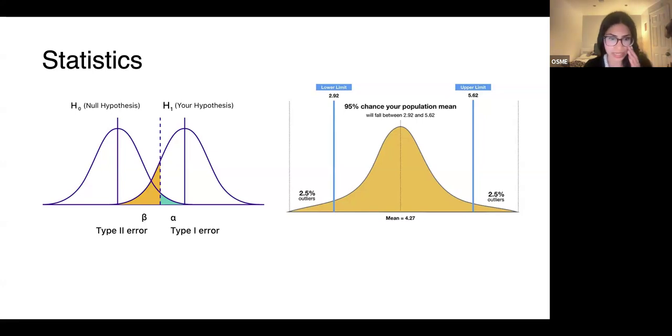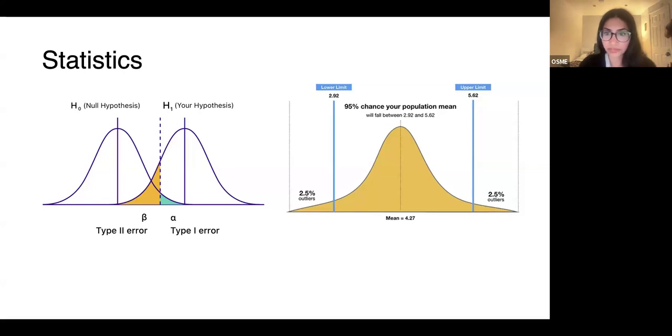Type 2 error is a beta error, and it's related to the statistical power of your test, which means that to reduce the chance of a type 2 error, so false negative, we can do things like increasing the sample size or increasing the expected effect size. So if you expect an intervention to cause a really great reduction in mortality, you're less likely to have a type 2 error.